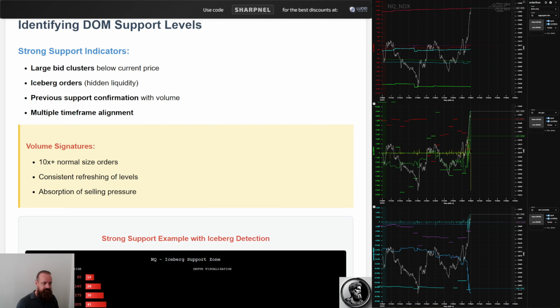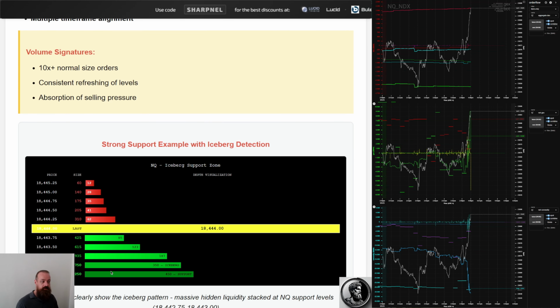But for me, it's important if we want to spot good support. First off, we would see something like this. So we would see stacking. So 400, 600, 900, and then continuing on, then you know, okay, this is going to be good solid support.